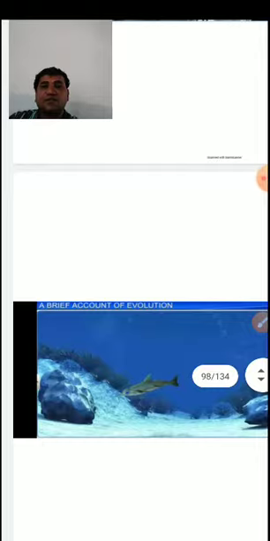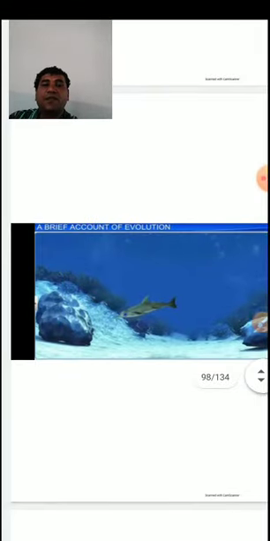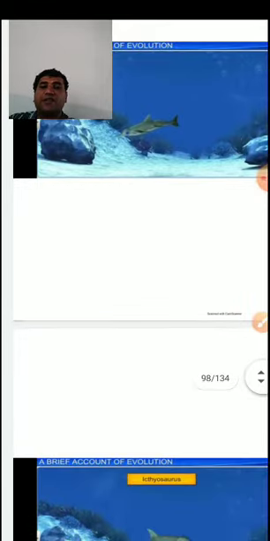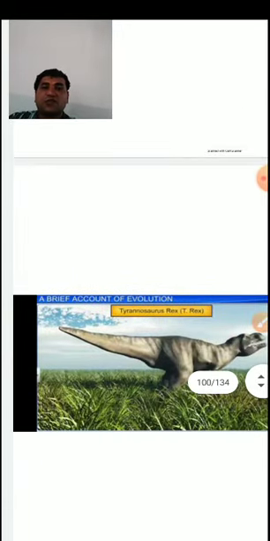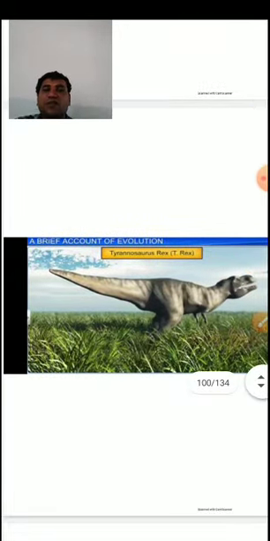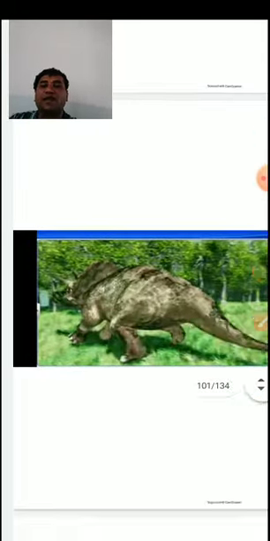Some of the reptilian animals also ventured into the water, giving rise to water reptiles like Ichthyosaurus, crocodile, and so on. And the Tyrannosaurus Rex is the biggest animal, having 20 feet height and also 6 feet dagger-like teeth.